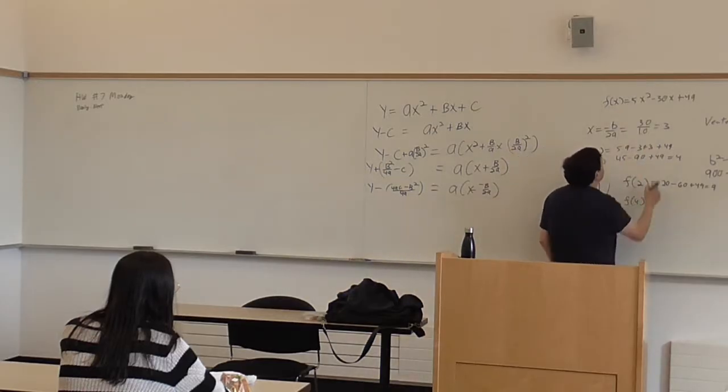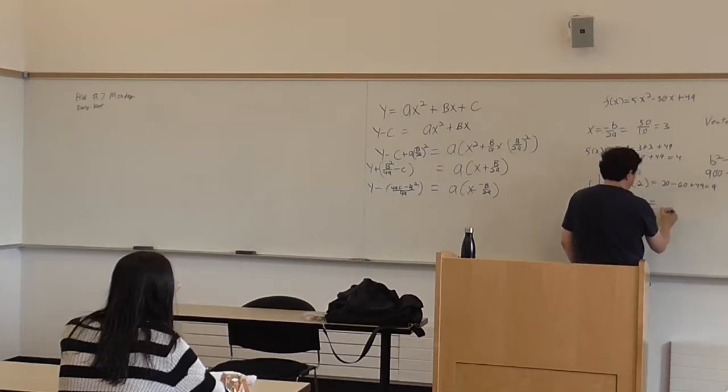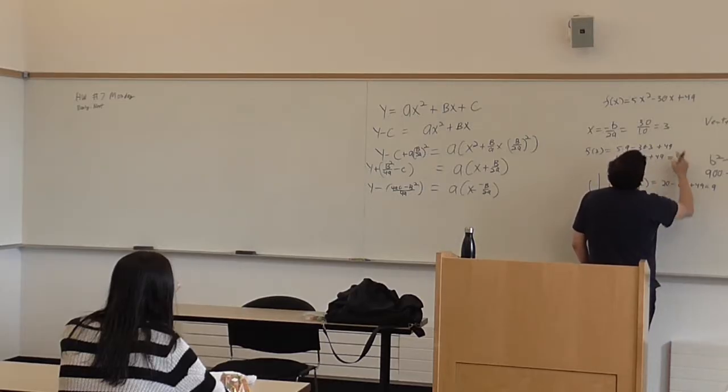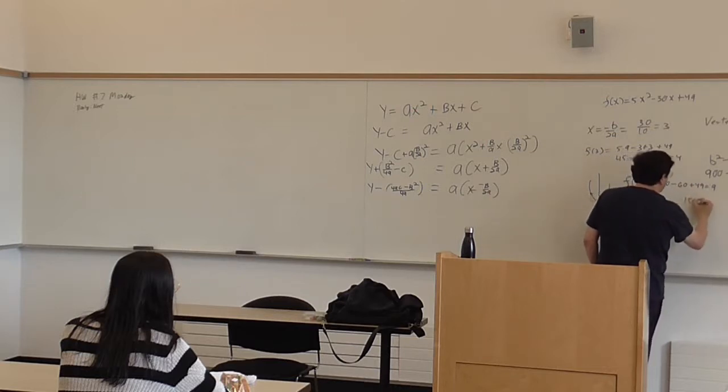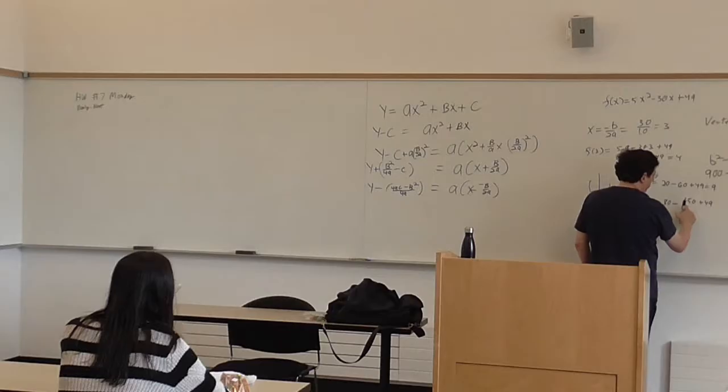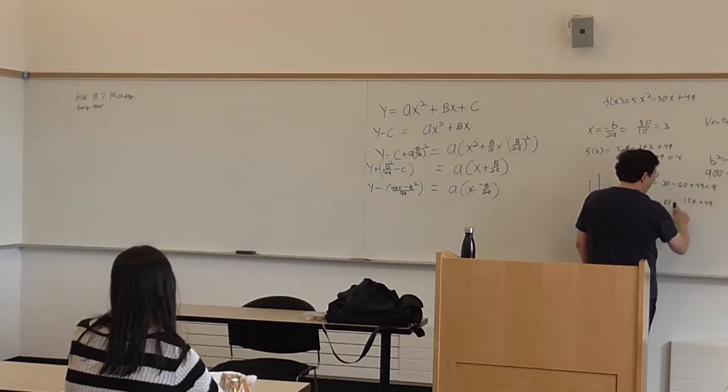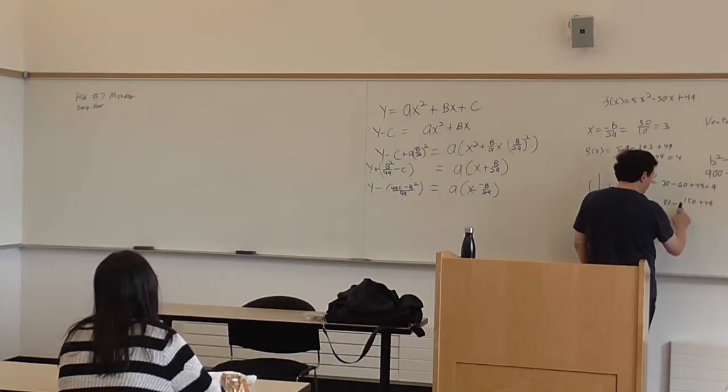Okay, 16 times 5 is 80 minus 150 plus 49. So that is 199 minus 80. No, I did something wrong here. 80 plus 49 is 129.